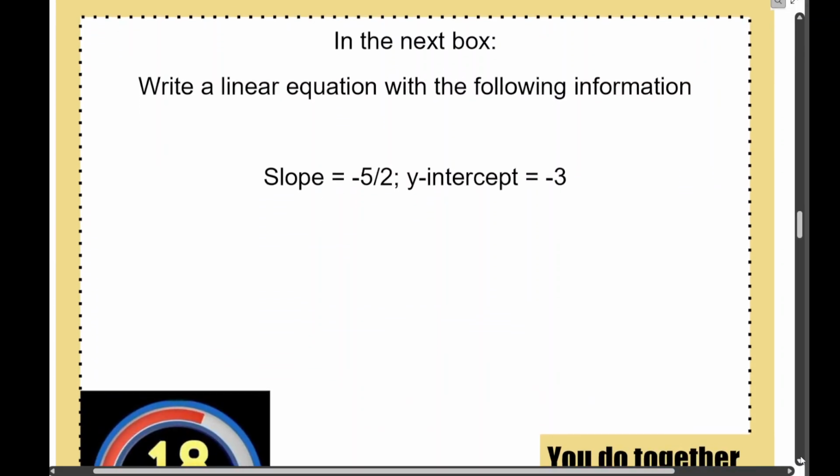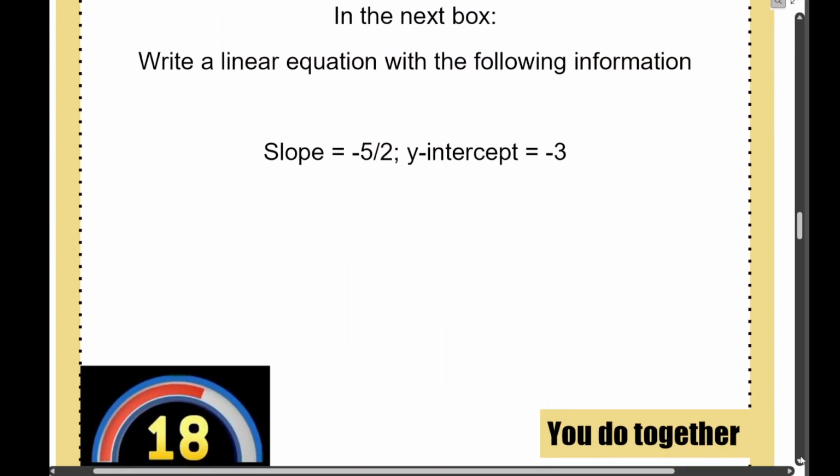Next one. This is the you do. Write a linear equation with the following information. A slope of -5 over 2 and a y-intercept of -3.